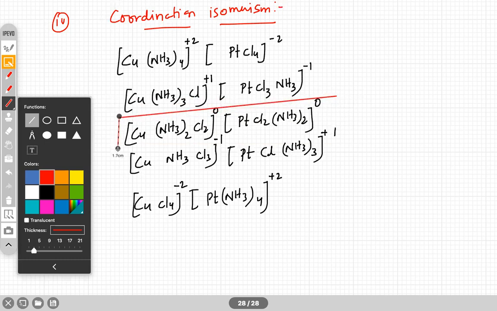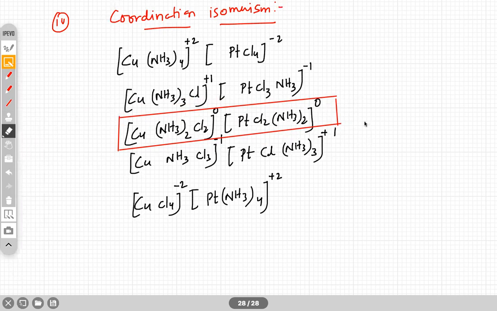Because the charge on the ions is 0, there is no attraction between the two parts, cation and anion. If the charge is 0, this is independent, this is also independent. There's no attraction, so as a whole it's not a compound. There is no interaction between the two parts here. That's why we cannot consider this. This is not a possible isomer. The answer for this one, 1, 2, 3, 4 isomers are possible.